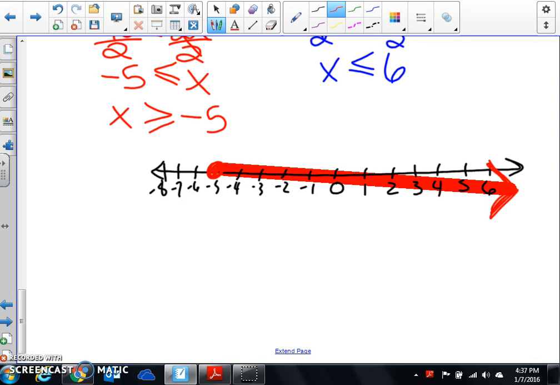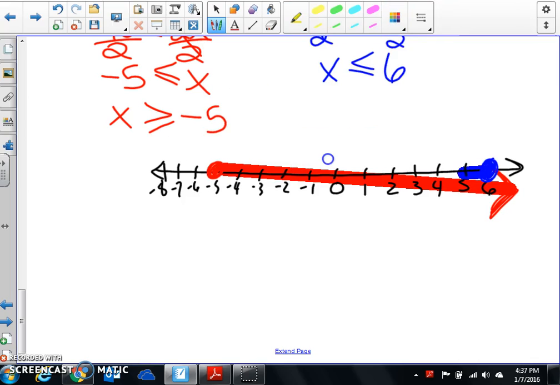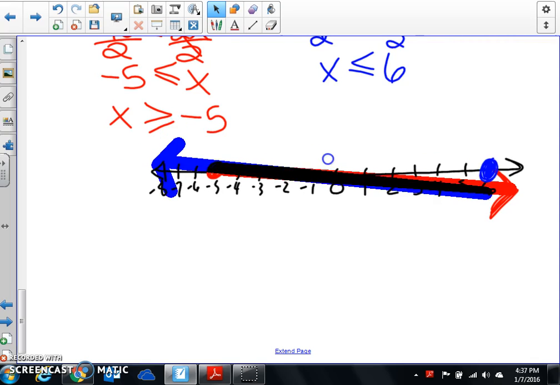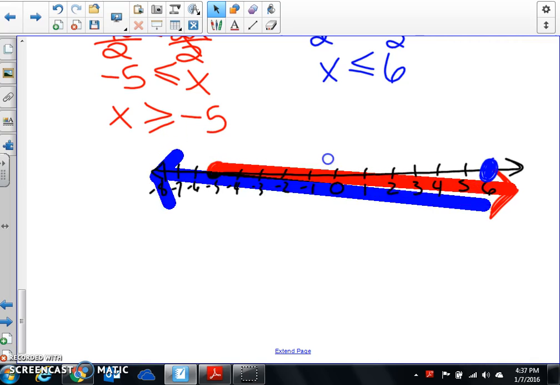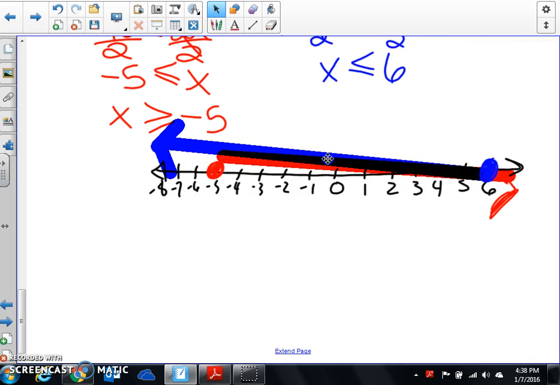Wonder why I did that. Okay. Then I go to 6. It's a closed circle, and it's going to the left. Okay. Why? What's happening? That's so weird. Okay, for some reason, let's move both of these up a little bit.